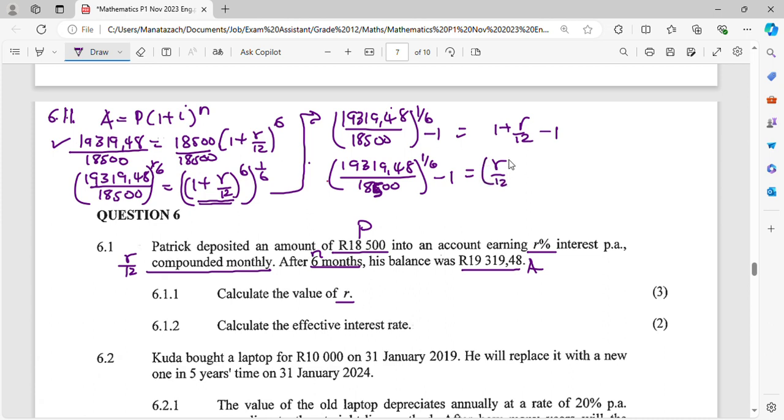That's when I can multiply by 12 on both sides of the equation, and then I'll calculate for R from here.